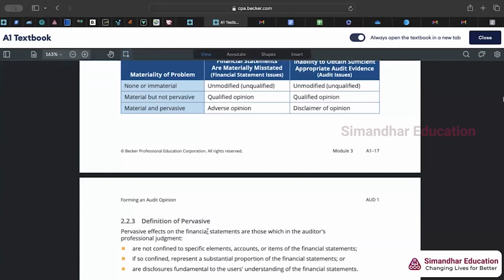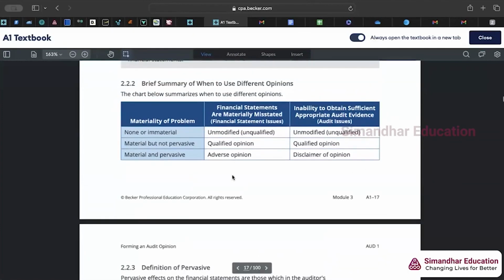You can either have financial statement issues, you can have audit issues, or both. So when you're giving an opinion, you're combining the issues. And you're giving one opinion, but for the purposes of determining what needs to be done, you're categorizing it into two types of issues.